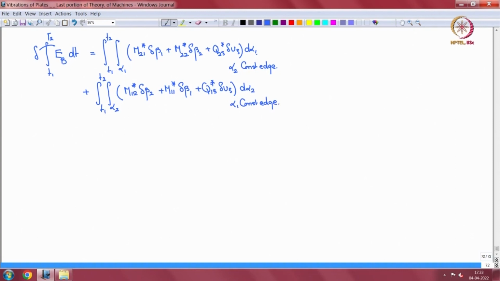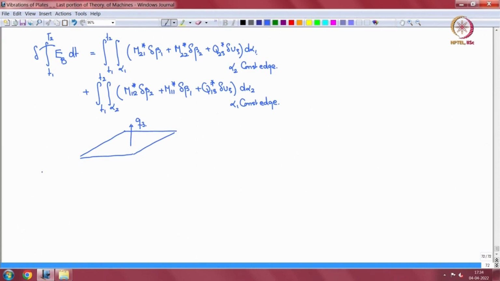And lastly, for our plate, we are only looking at transverse motion, and so there will only be a transverse force Q3, no forces in any of the other directions.